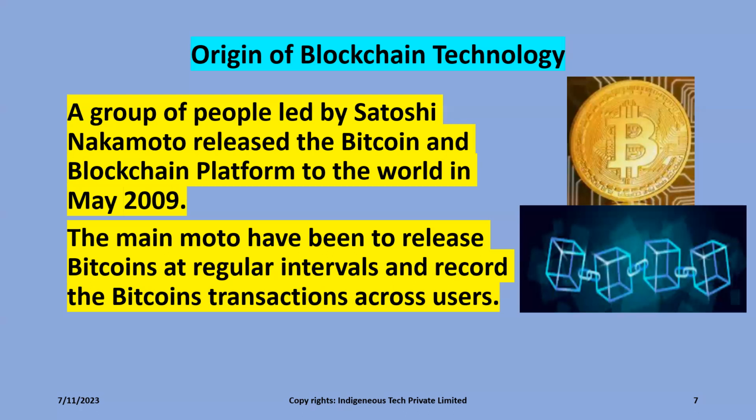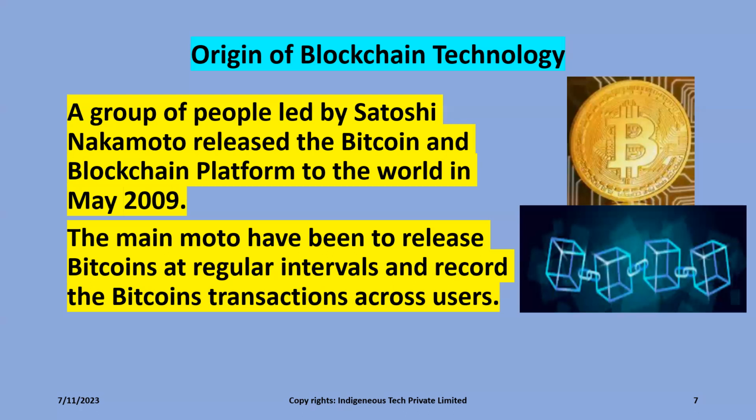So the main motto of the blockchain technology, which was released by Satoshi Nakamoto and others, is to release Bitcoin every 10 minutes. There is a huge process and learning involved, which I will talk about in detail in coming videos.